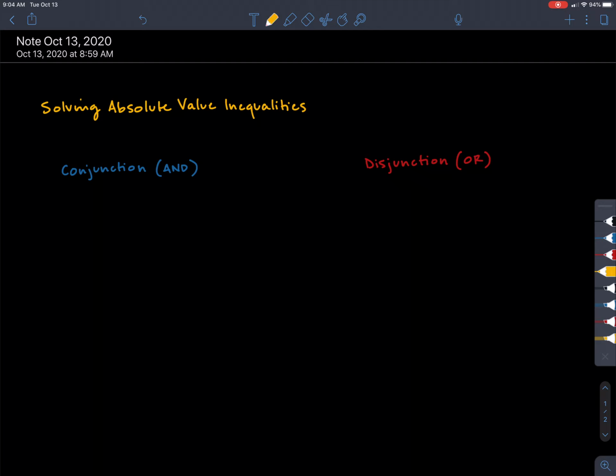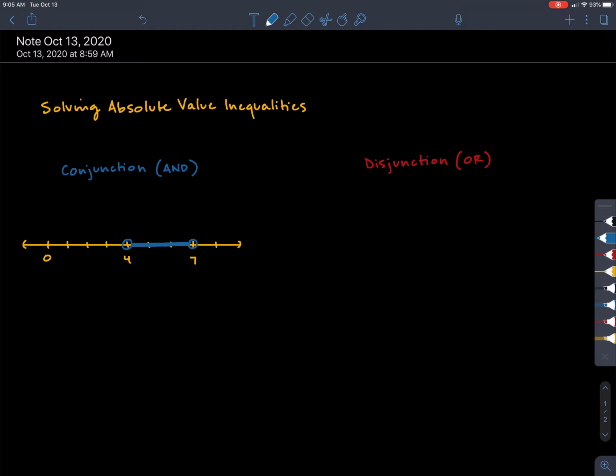So when we're talking about conjunctions or disjunctions, if I have a number line, and I say this is 0, 1, 2, 3, 4, 5, 6, 7, say I want 4 and 7. Then a conjunction would be between those 2 points.